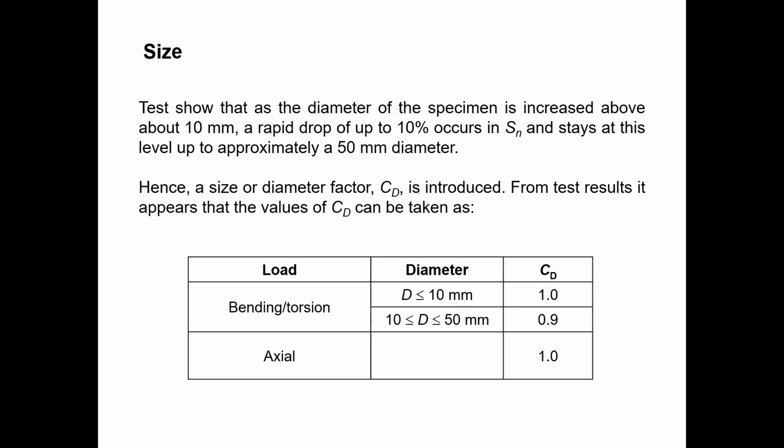So with the load type and the size, if it is lower than 10 millimeter, the size factor is 1, and if it is between 10 and 50 millimeter, it is 0.9.